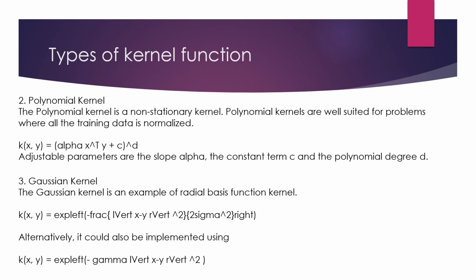And the Gaussian kernel. The Gaussian kernel is an example of a radial basis function kernel. k(x, y) = exp(-||x - y||² / (2 sigma²)). Alternatively, it could also be implemented using k(x, y) = exp(-gamma ||x - y||²).